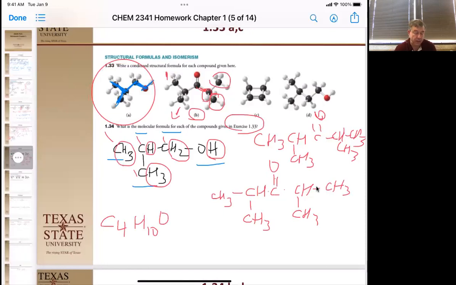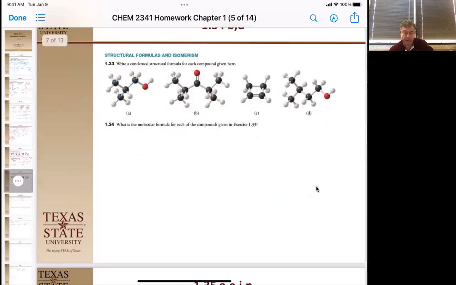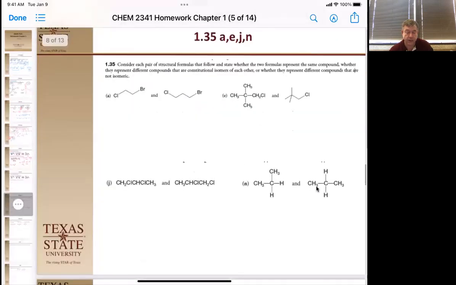All right, moving on to the next question. Consider the pair of structural formulas that follow and state whether the two formulas represent the same compound or are they some kind of isomers. Okay, so the way we look at this is you want to start from one end to the other and compare directly. So if we look at this, we have a chlorine, a chlorine.